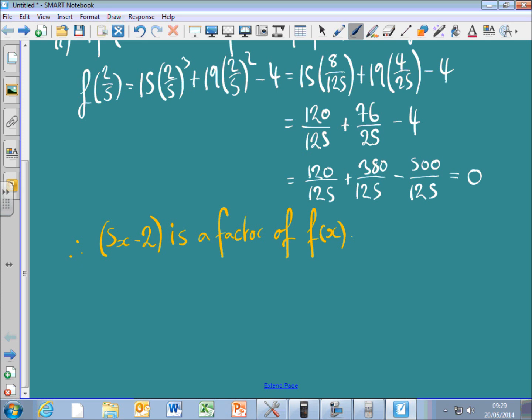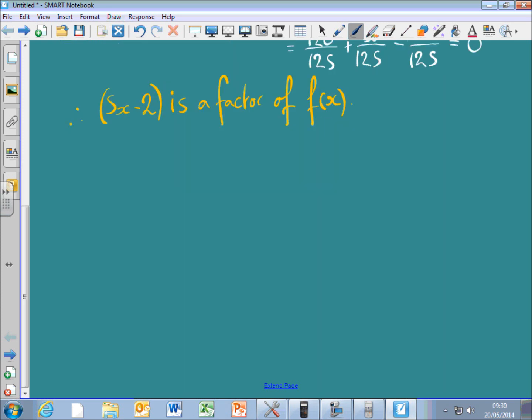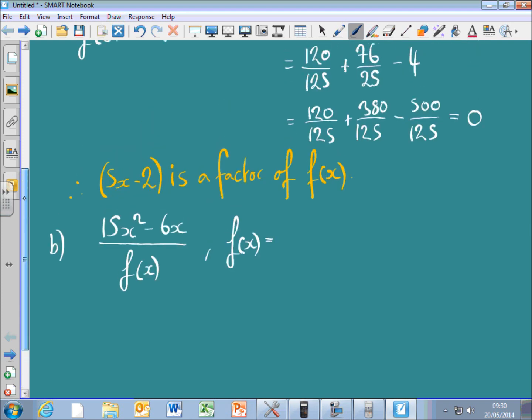Okay, and then for part B, we're asked to simplify 15x squared minus 6x over f of x. And so to do that, we're going to write f of x as a product of its linear factors so we can see what cancels.